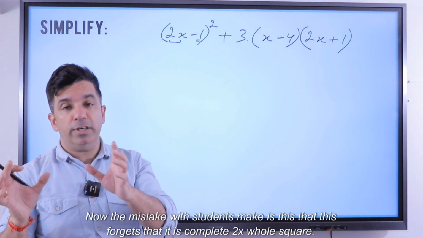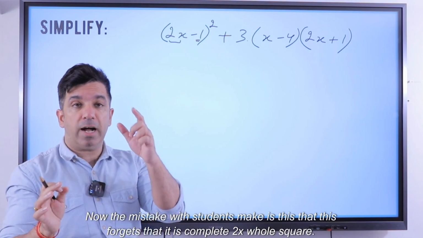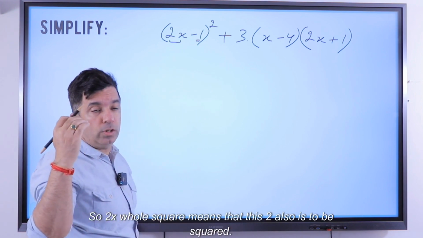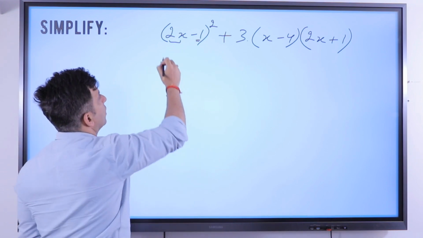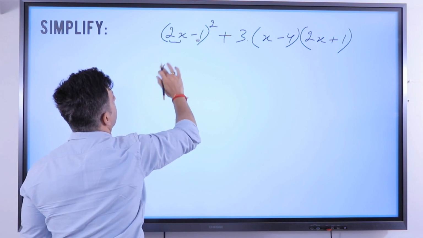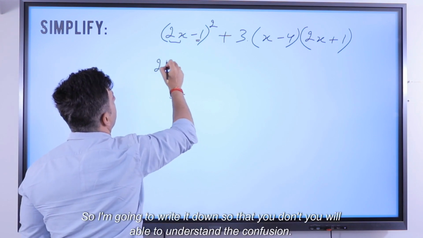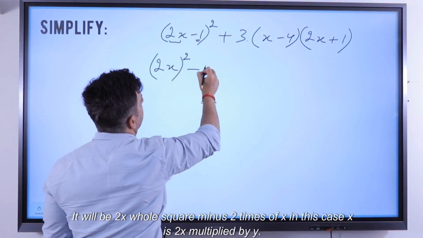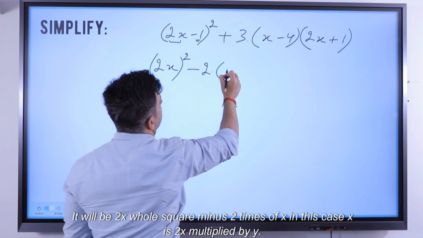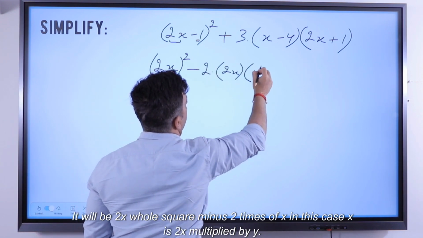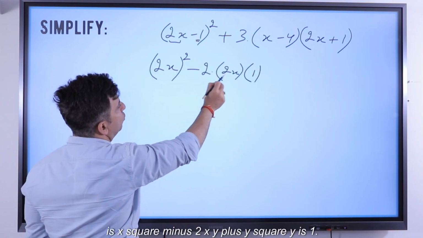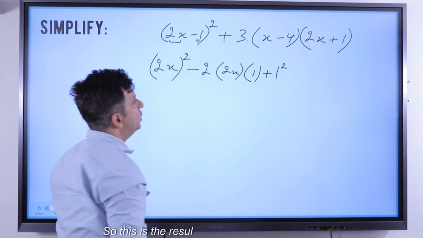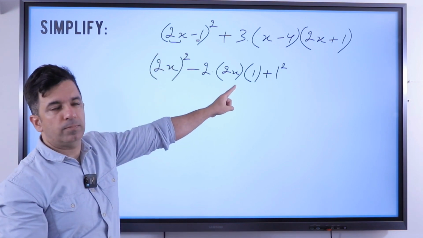Now the mistake which students make is that they forget that it is the complete (2x) whole square. So (2x) whole square means that this 2 also is to be squared. So this gives me actually 4x square. I'm going to write it down so that you will be able to understand the confusion. It would be (2x) whole square minus 2 times x, which is 2x, multiplied by y, plus y square, where y is 1. So this is the result of expansion of this term.